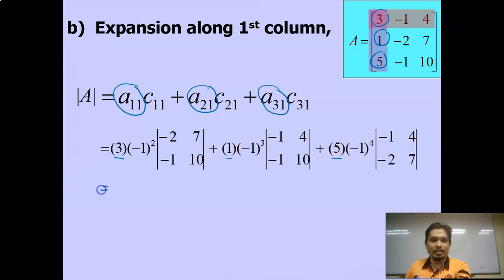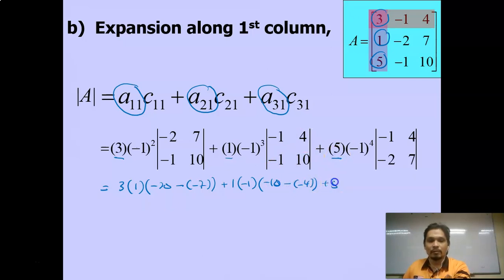So then 3, with negative 1 squared is 1. Now, negative 2 times 10 is negative 20, minus 7 times negative 1, negative 7, plus 1. And negative 1 cubed is negative 1: negative 1 times 10 is negative 10, minus 4 times negative 1, negative 4.